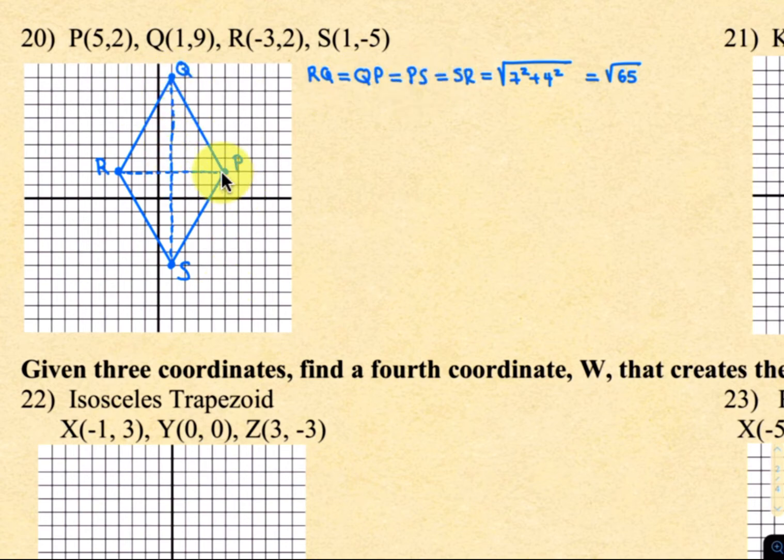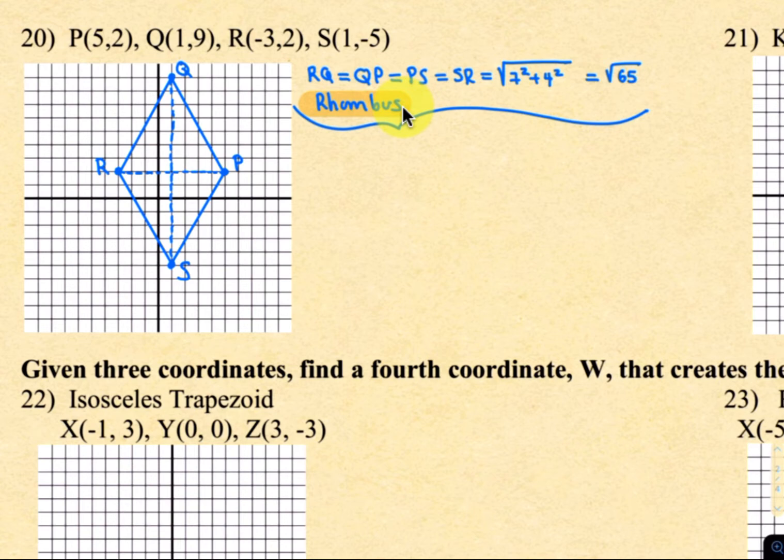In PS, you go down 7, over 4. And SR, you go up 7, over 4. So all four sides are congruent. It would be the square root of 7 squared plus 4 squared, which is the square root of 65. That proves that this is a rhombus.